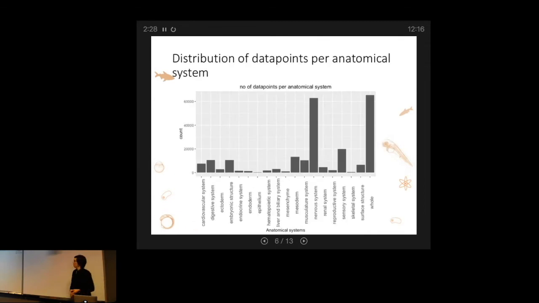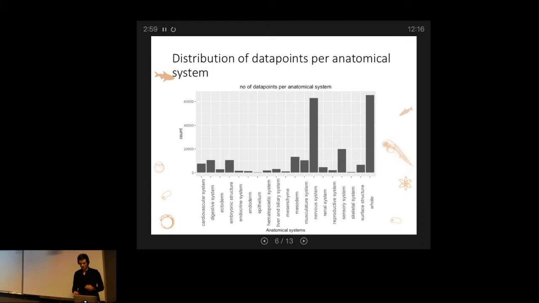But now, when you look at the distributions of how much information in ZFIN is coming from different anatomical systems, you can clearly see that most of the data points are coming from the whole embryo or whole cell information, and then the biggest number of anatomical terms are coming from the nervous system. And that is just showing how zebrafish was very interesting for neuronal development research.